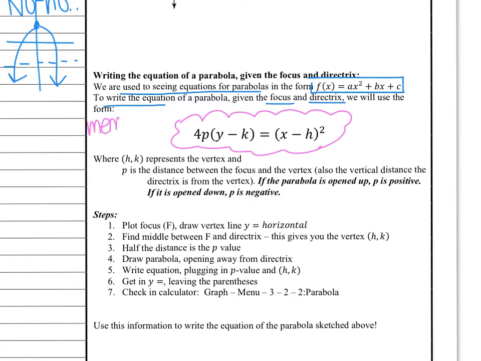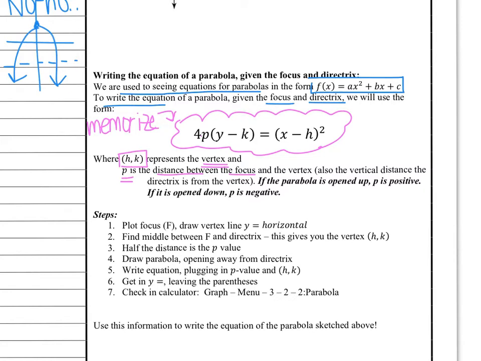So you need to memorize that formula right there. So the formula is 4 times p, so the p-value, parentheses y minus k equals x minus h squared. So h, k represents the vertex, okay? And p is the distance between the focus and the vertex, and between the vertex and the directrix, just like we talked about.